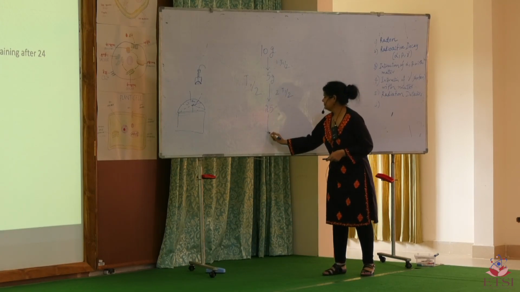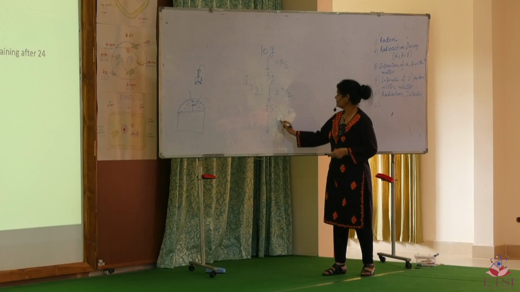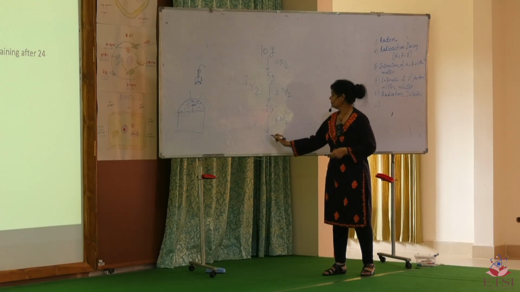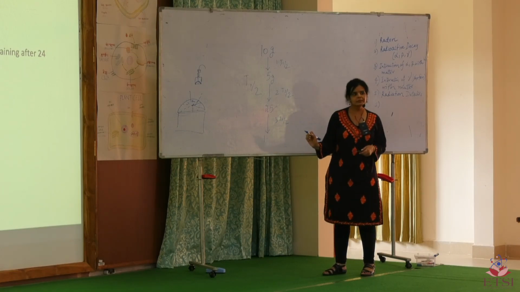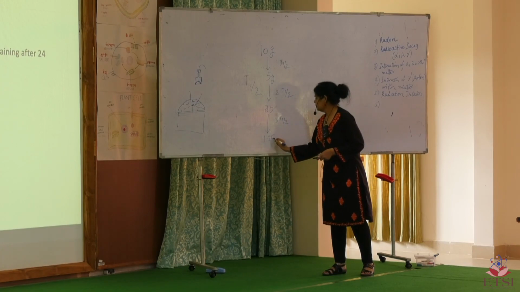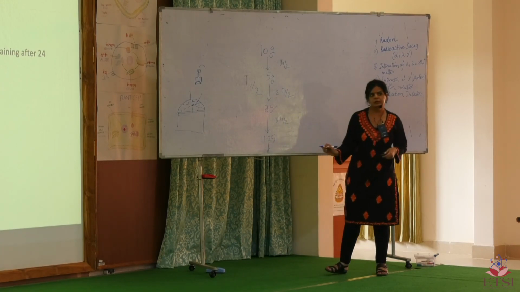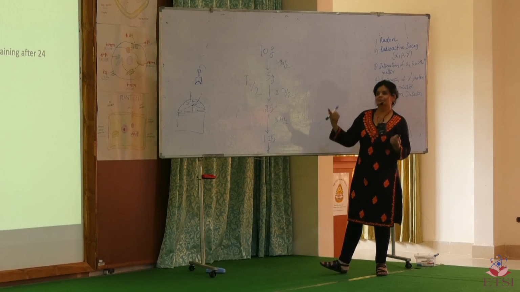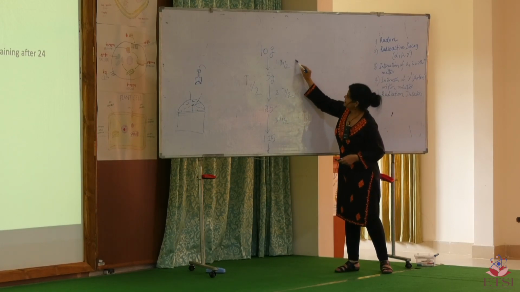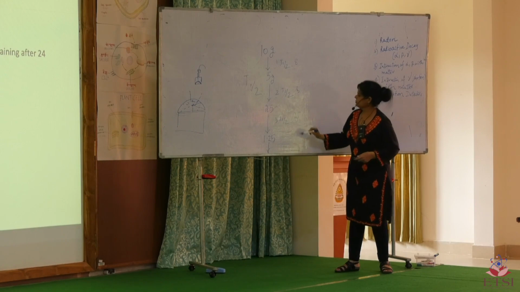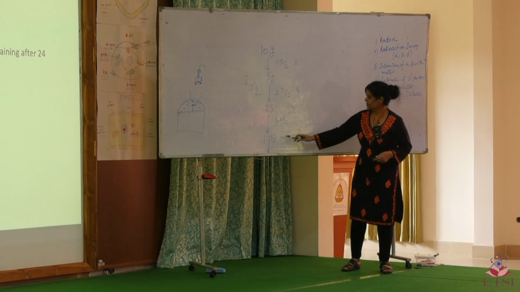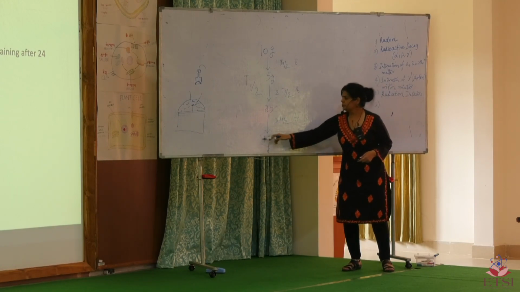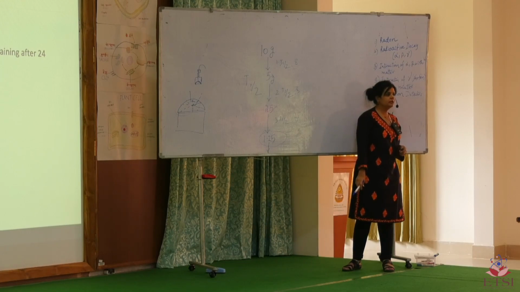After third half-life, one point. Now, will I go more? Yes, 8 days, 8 days, 8 days. So after 3 half-lives, there will be 1.25 gram of iodine-131 left.